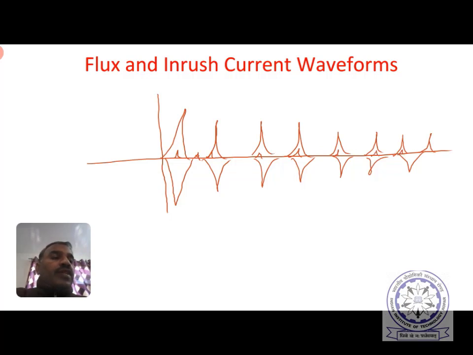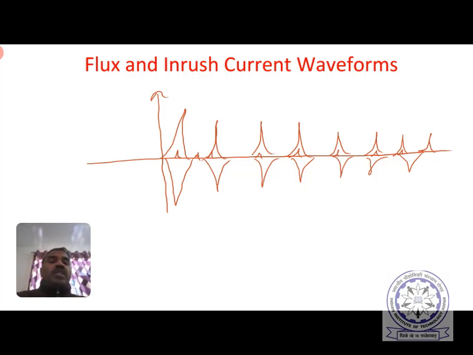So in a three-phase transformer, always one of the phases may be close to a condition where the negative phi max is going on. Therefore the inrush current will have a high component always in one of the phases. So this is how the inrush current will be there in the transformer.